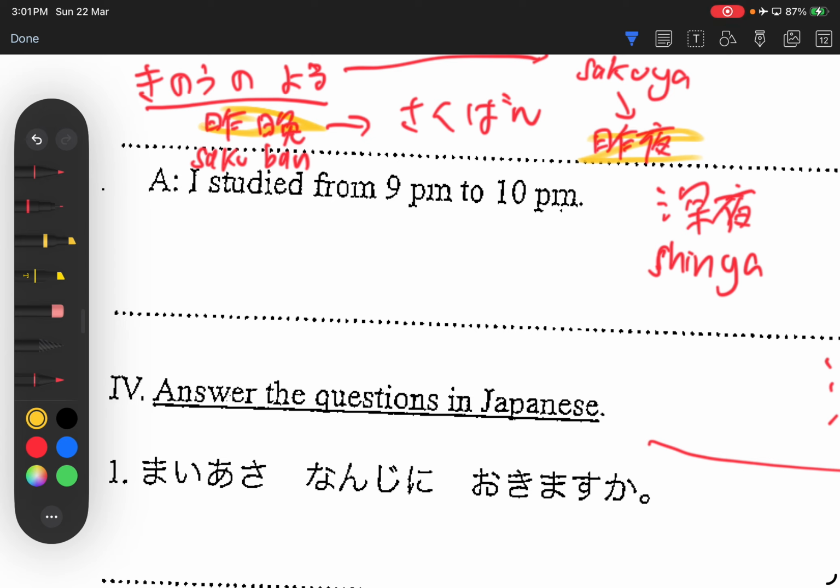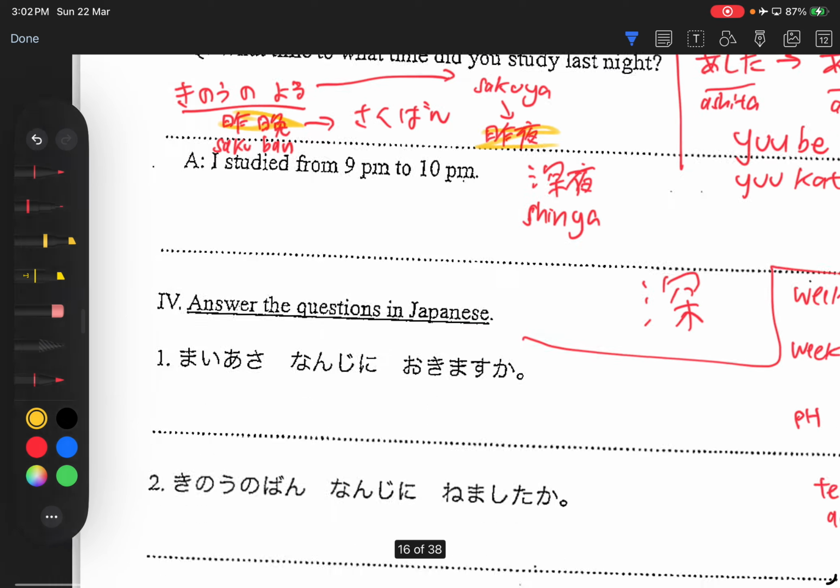So we don't need to say 午後9時から午後10時まで. We can just cut the 午後 from the second one. So 勉強しました, past tense. If you don't want to say 午後, you can also just use the word 夜, because 9 p.m. is at night. So you can just say 夜9時から10時まで勉強しました。Moving on to the next one.